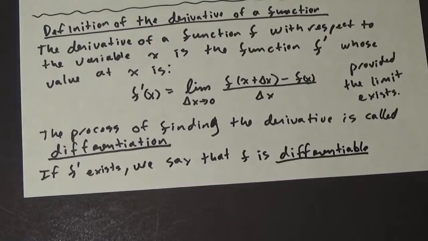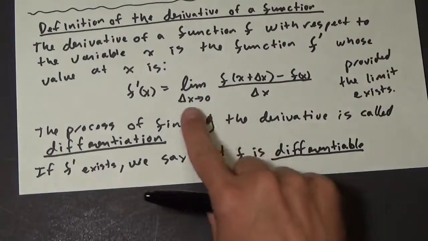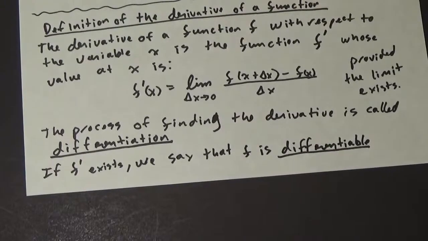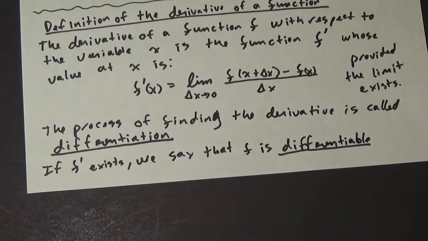So there's another new vocabulary word. Alright, so we have this derivative. We have the definition of the derivative. It's this limit. That is the actual definition. And the process of finding a derivative is called differentiation. And if f prime exists, that means the function is differentiable.